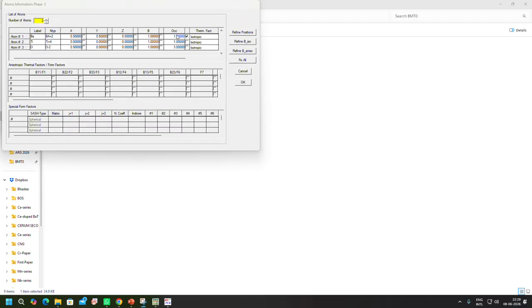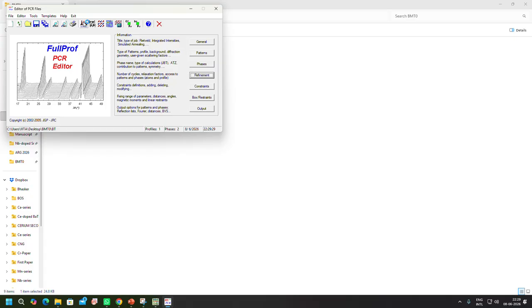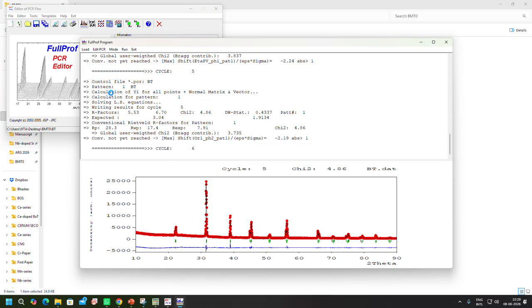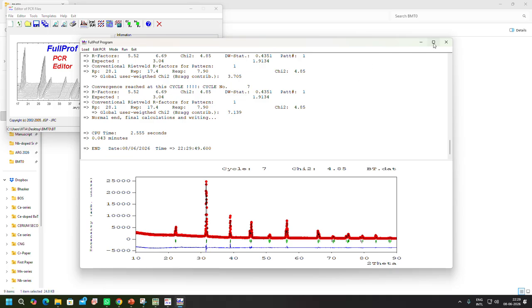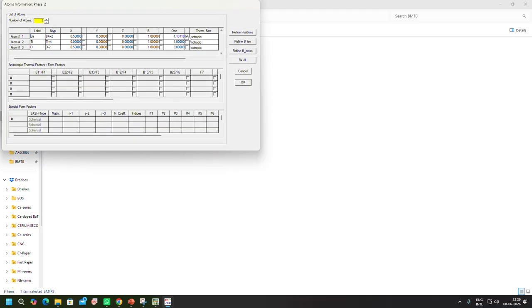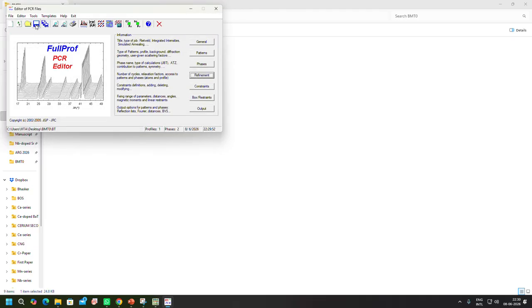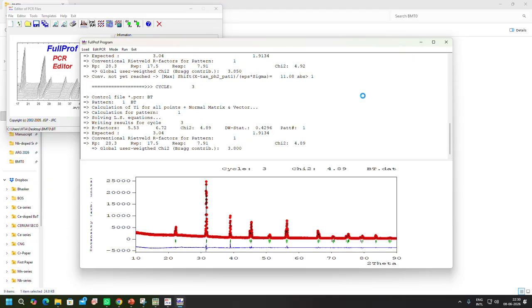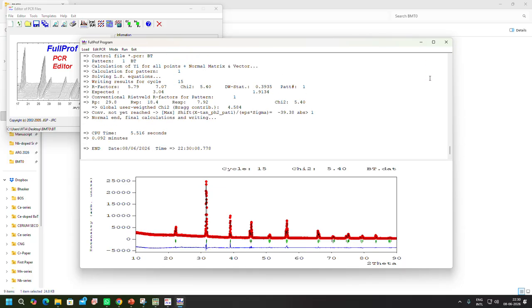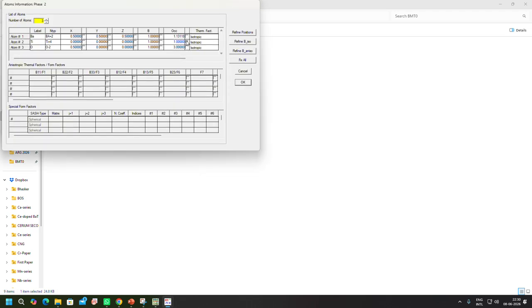So now you refine the same atomic profile for phase 2, and you see the parameters you get here are close to your stoichiometric ratio when you refine all the parameters. So it is not good to refine if you just see this change.